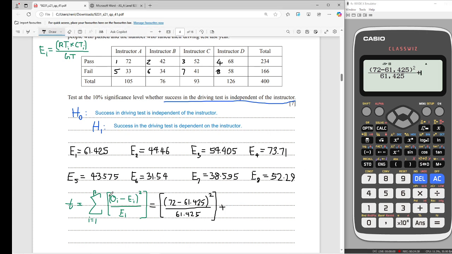Next, when I equals 2, our observed value becomes 42 here. Let's open up the bracket. 42 minus our expected value, which is E2, 44.46. Now using the difference between the observed and expected, we square it and divide by the expected value.